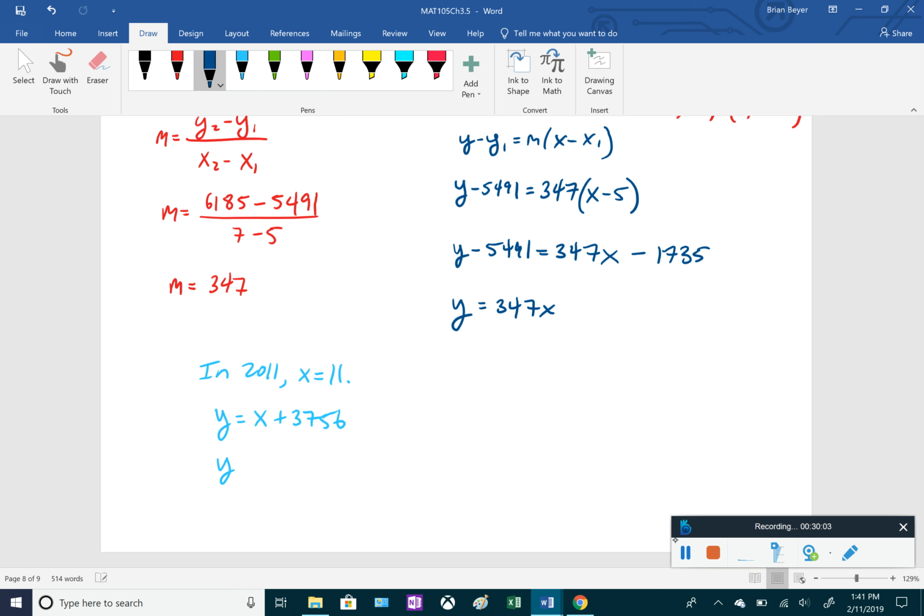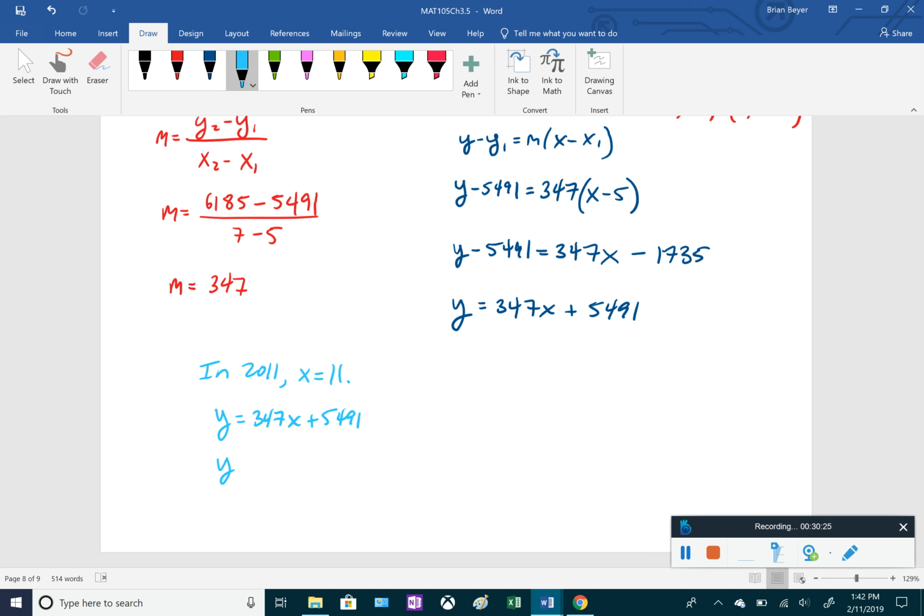So y equals 347x plus 5,491. There we go. Okay, so I just have to fix it down here. So y equals 347x plus 5,491. Just making sure I didn't mess anything else up now. Okay, so it looks good.